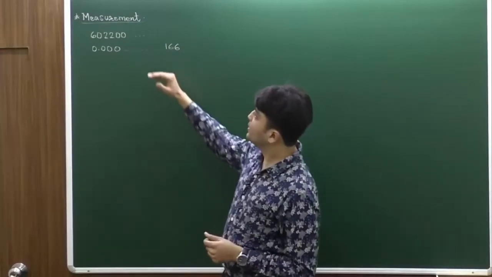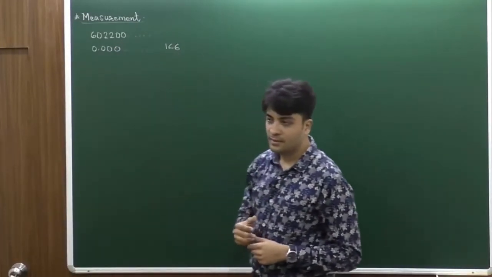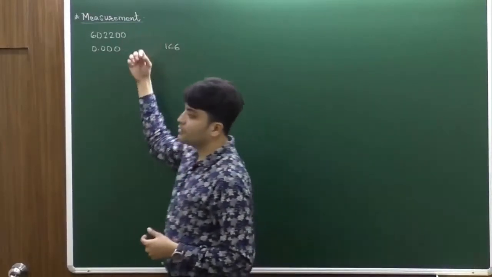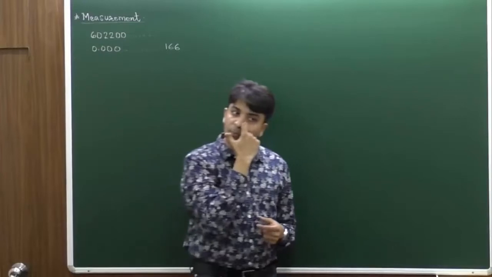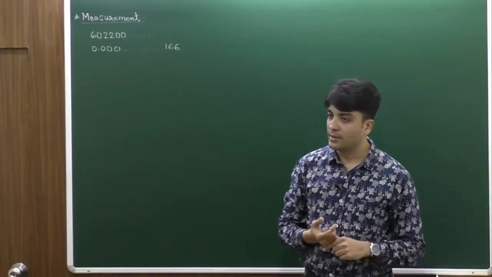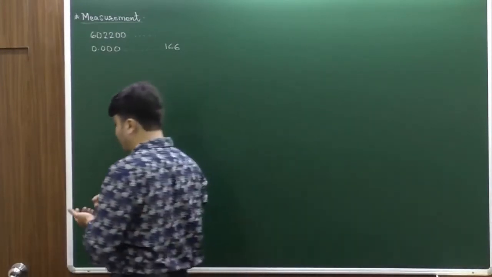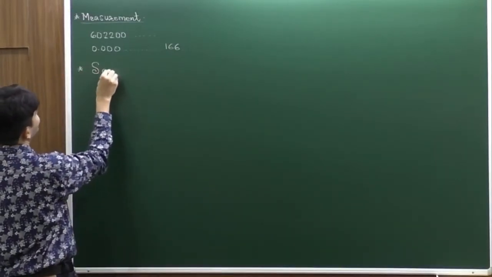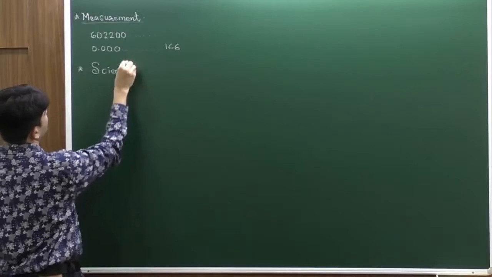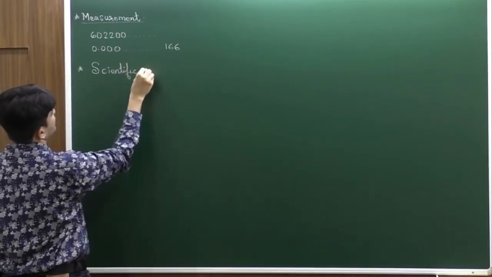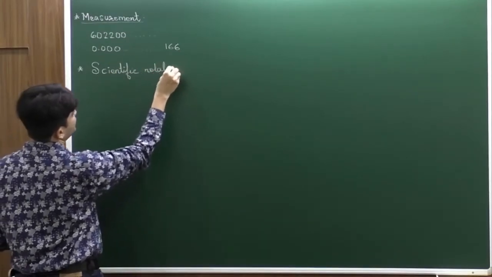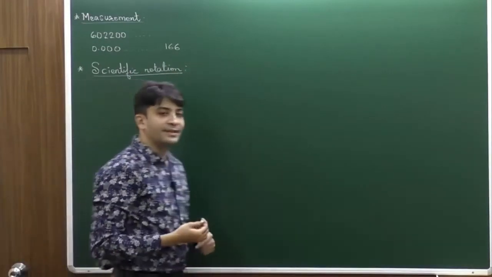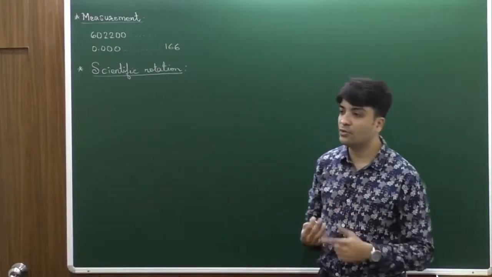If I just ask you to multiply this number with this number, it is going to be very difficult, because a very big number with a very small number आप बहुत easily add नहीं कर पाओगे, बराबर? तो to solve this or tackle this problem, there was introduction to the concept of scientific notation, something very important, scientific notation.